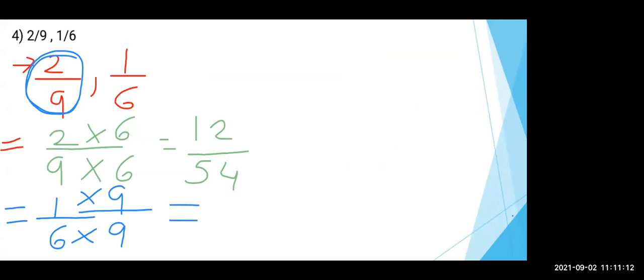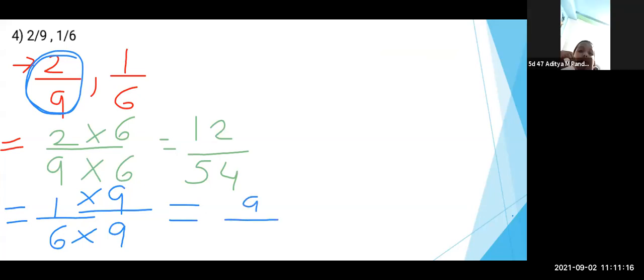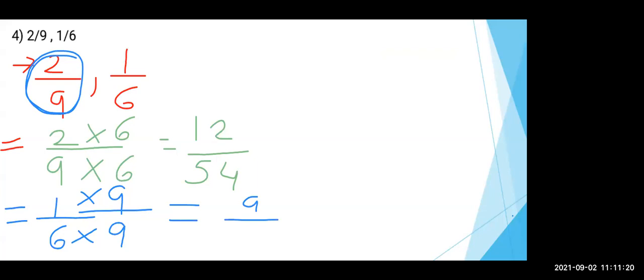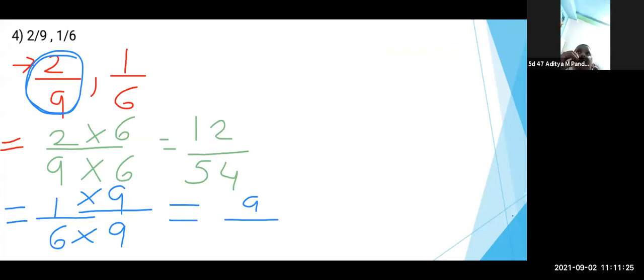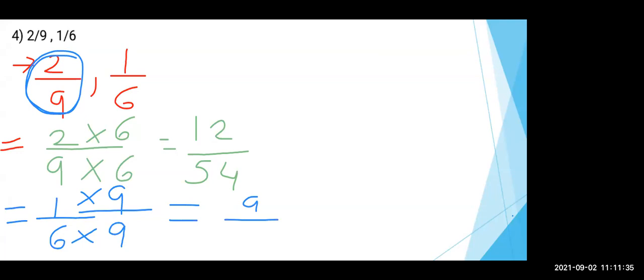1 9s are 9, and 6 9s are? 6 9s are? Tell me the table of 6. Chalo, say the table of 6. 6 1s are 6, 6 2s are 12, 6 3s are 18, 6 4s are 24, 6 5s are 30, 6 6s are 36, 6 7s are 42, 6 8s are 48, 6 9s are 56.